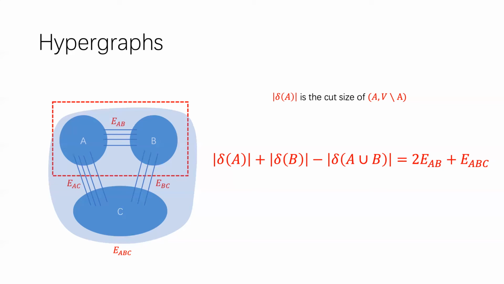Note that the size of EABC might be much larger than the size of EAB, and thus this approach won't give a good approximation either. However, it turns out that this quantity is still very useful in our problem.